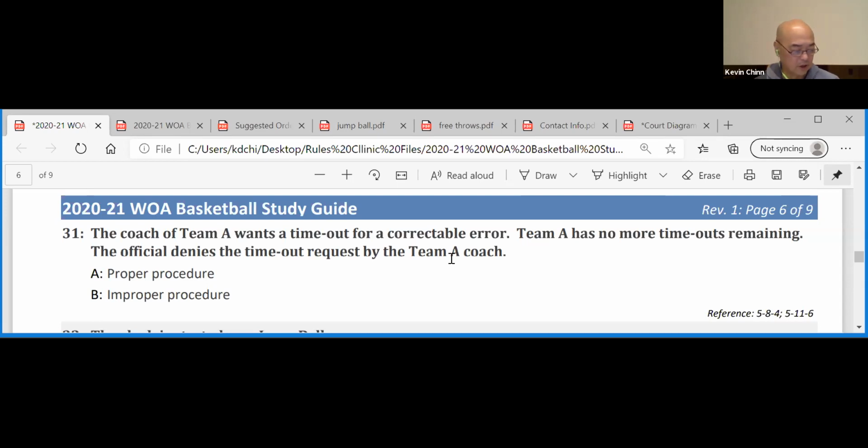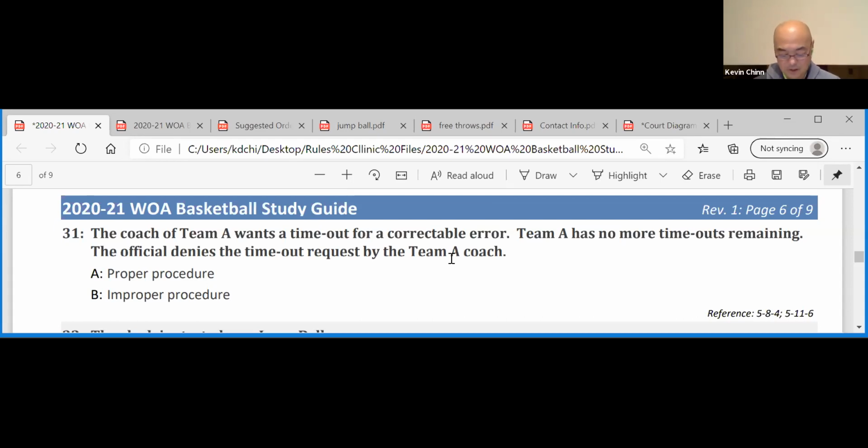If later in the game, a team is out of timeouts and he goes to the table and says, I have a correctable error, and they stop the game, you go through the same procedure. Is it a correctable error within a time frame? If he's correct, we fix it and we go on. If he's incorrect, normally you would charge him a timeout. And because he doesn't have a timeout, you charge him a technical foul.